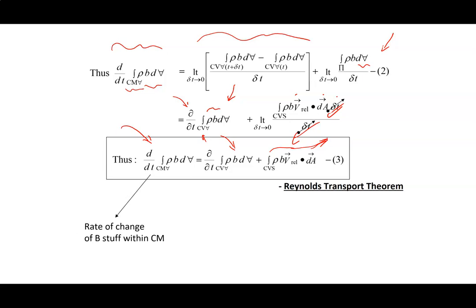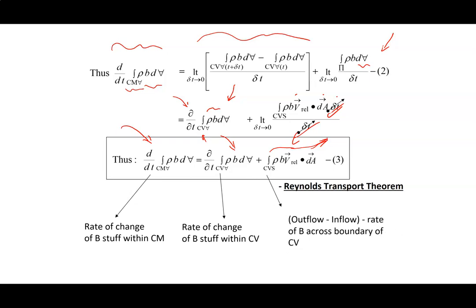It connects the rate of change of B stuff within my control mass to the rate of change of B stuff within my control volume, plus the net outflow rate of the B stuff. B could be mass, momentum, energy, etc., that goes across the boundary of the control volume.